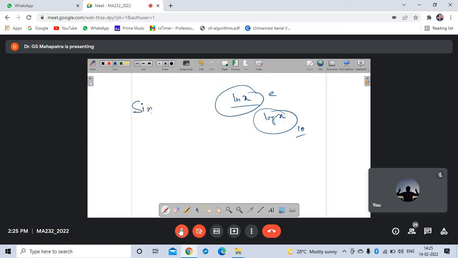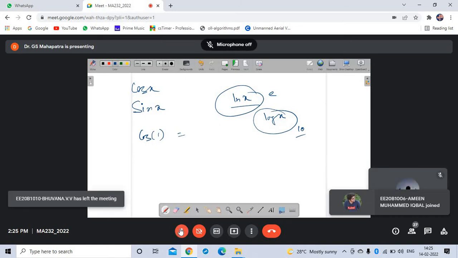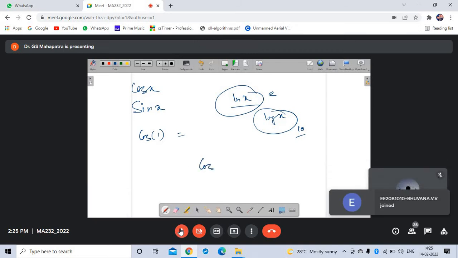Let us consider cos of x. What is cos of 1? I think everyone should have a calculator. Trigonometric functions use two modes, radian and degree. So let us consider the equation cos of x plus sine of x equals 1.